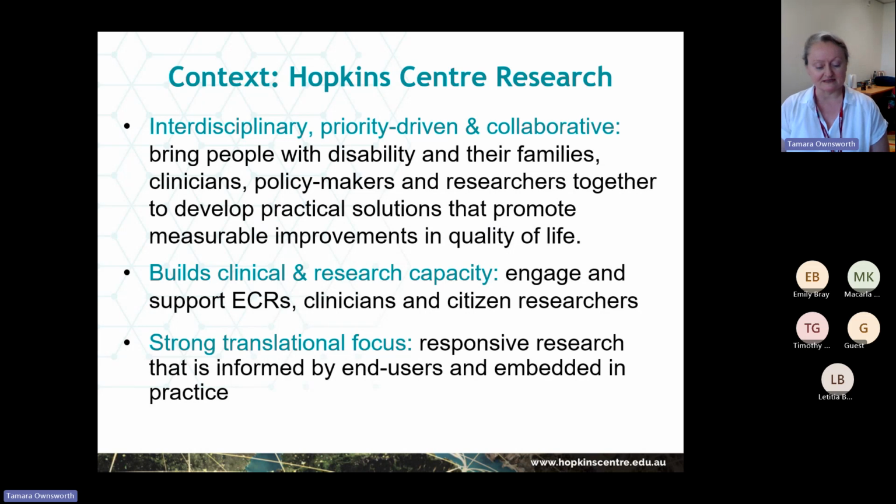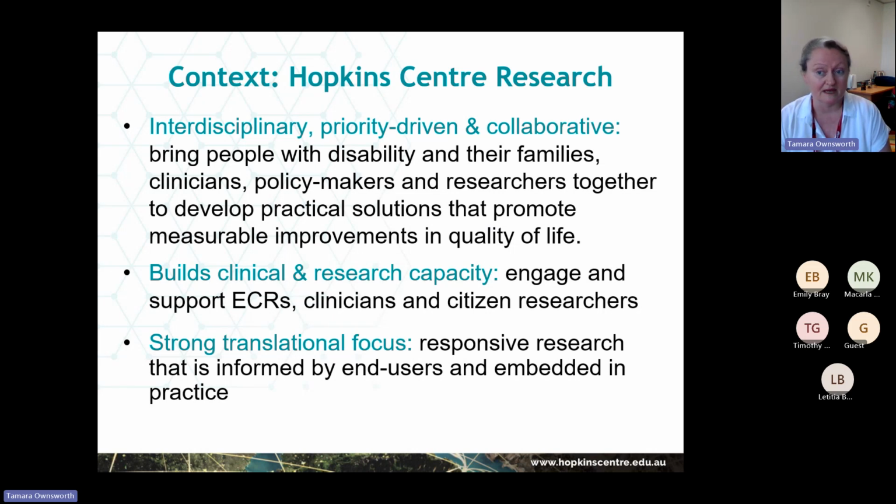Okay, so the seed grants is one of a number of initiatives that we have here at the Hopkins Centre that supports clinician engagement in research. And you would be aware that our focus in the Hopkins Centre is on promoting interdisciplinary, priority-driven and collaborative research.